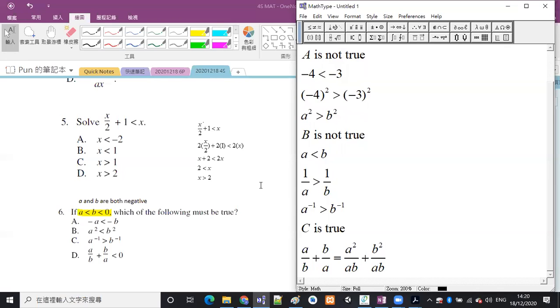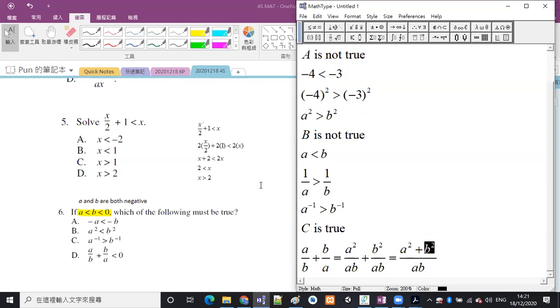We can make the two fractions have the same denominator, and then merge them into one single fraction like this. But now we know that A squared, no matter whether A is positive or negative, must be positive, and so does B squared.